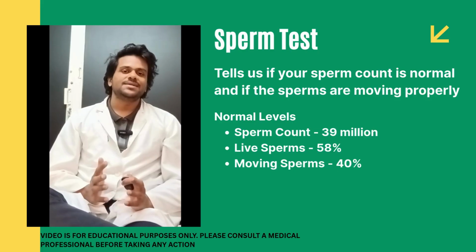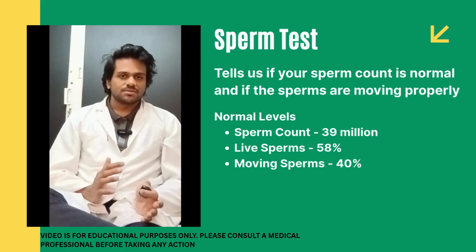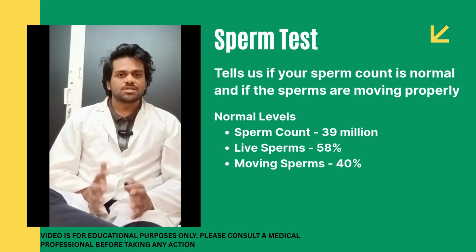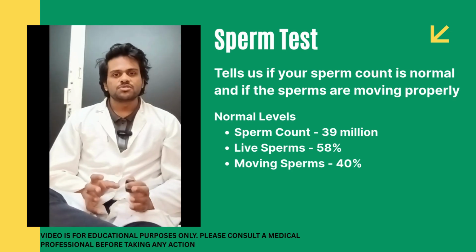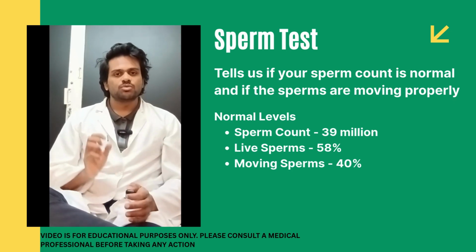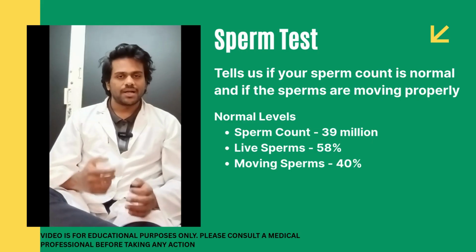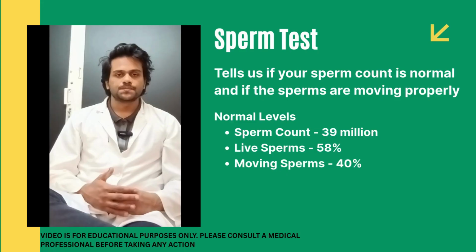Secondly, we want at least around 60% of those sperms to be live, because a proportion of the sperms is already dead. And we want at least 40% of those sperms to be moving fast, because only motile sperms are capable of joining with the egg and allowing you to conceive. So this is what we check in the sperm test.